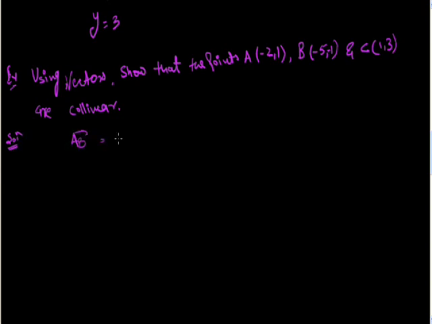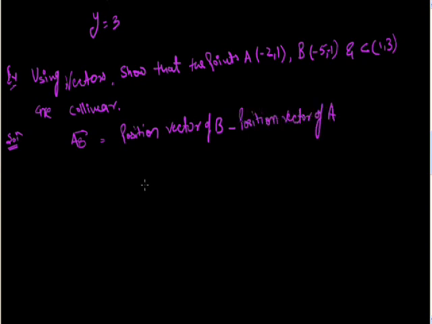The AB vector is the position vector of B minus the position vector of A. Minus 5 i cap minus j cap minus (minus 2 i cap plus j cap) equals minus 3 i cap minus 2 j cap.